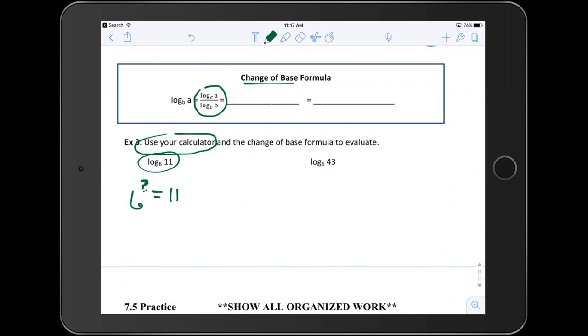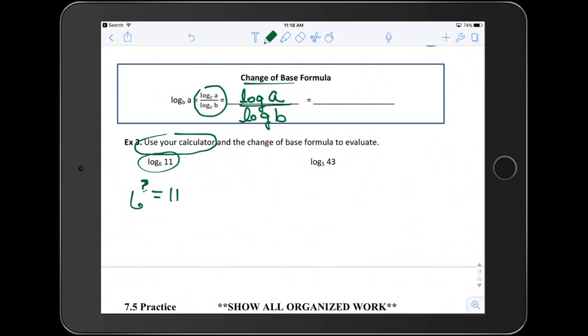It doesn't have to be change it to the base 10 or change it to the base e. You can change the base however you want, as long as you take the log of a and divide it by the log of b.